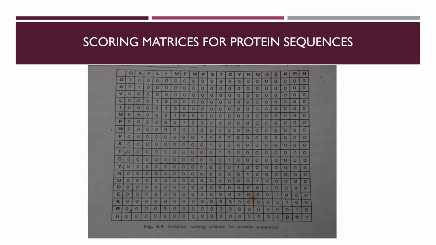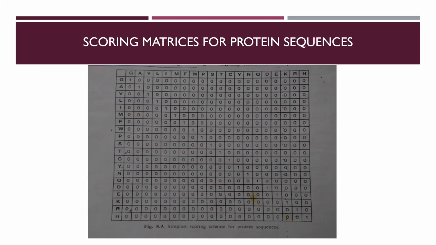You all know what a synonymous genetic code is. There is more than one triplet codon that codes for the same amino acid. So based on the genetic code information also, by looking at the relatedness of these amino acids, a scoring scheme is developed.